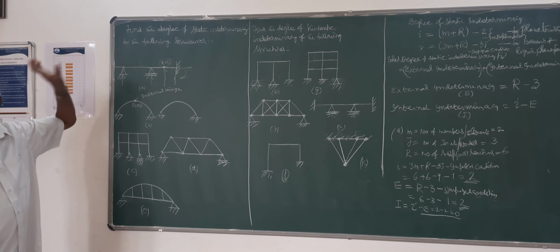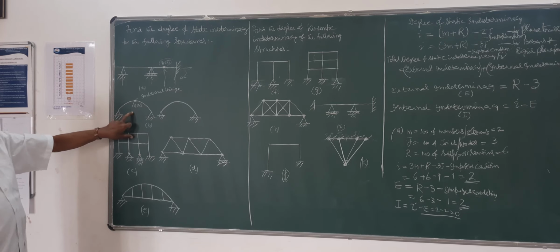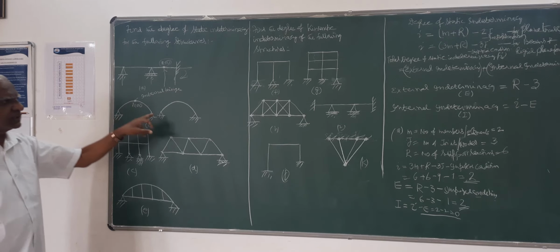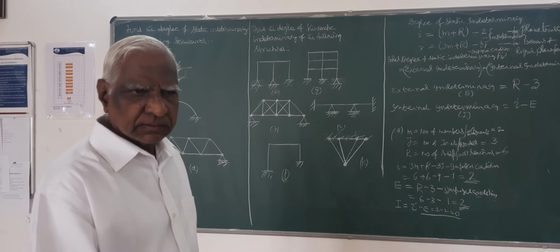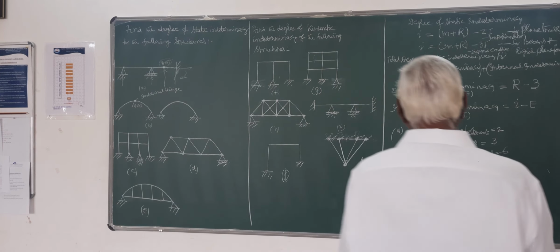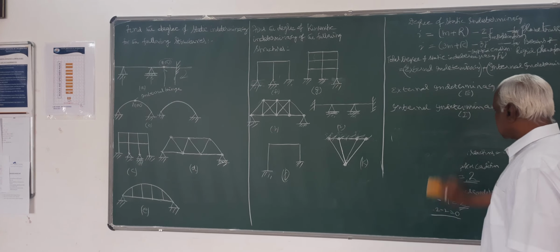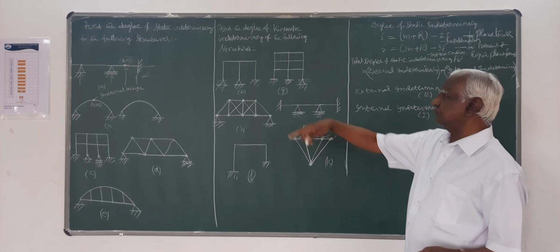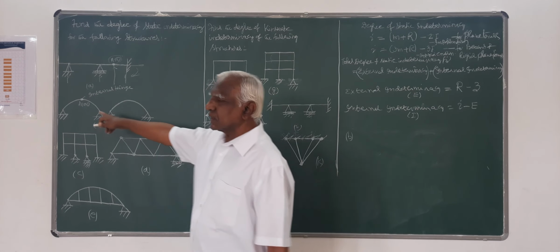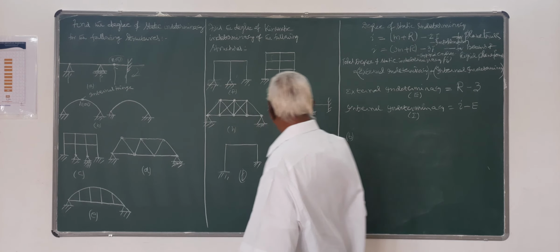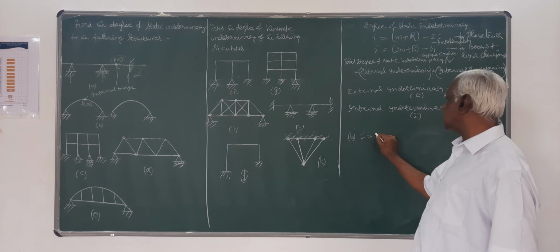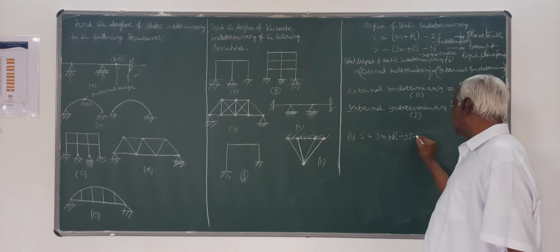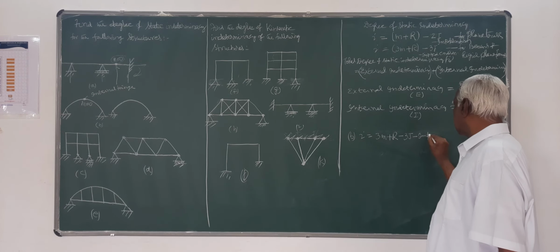Is it clear? This is the first example. Likewise, we can do this one. Take problem b. It is also a rigid type of plane frame structure. Imposed condition is there because of this internal hinge. I have to apply the formula I is equal to 3m plus r minus 3j minus imposed condition.